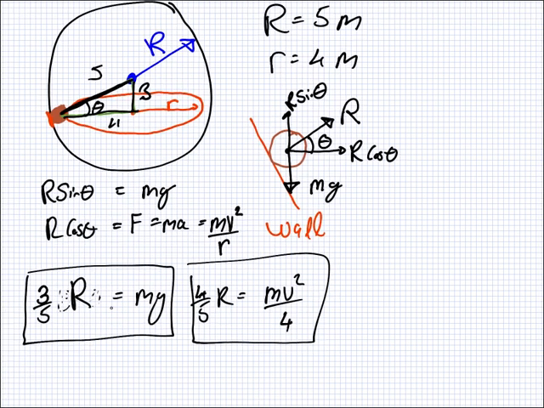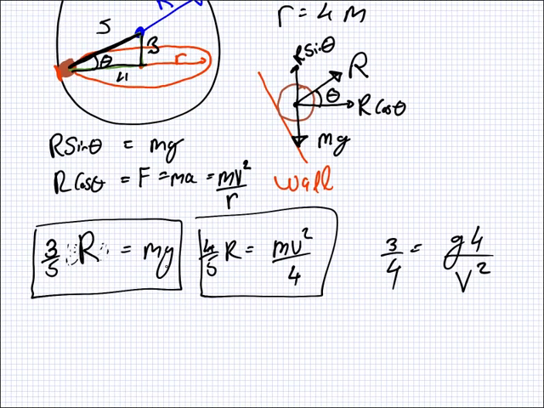So 3/5 R divided by 4/5 R, what's that? I think it'll be 3 over 4. Yeah? And then equals m divided by m, so g divided by v squared over 4. That'd be 4g over v squared, I hope.